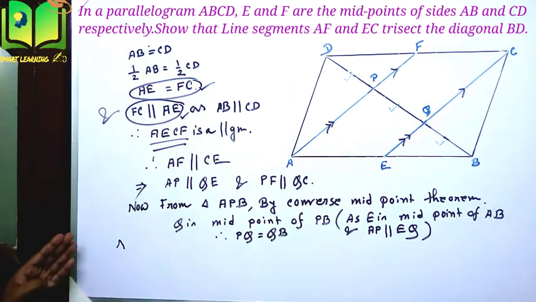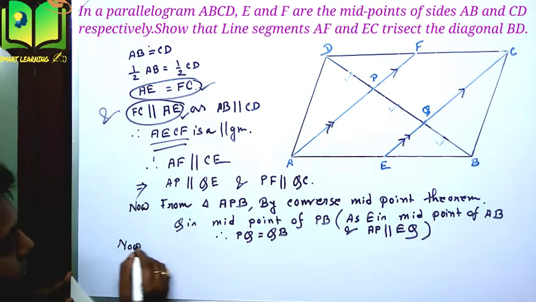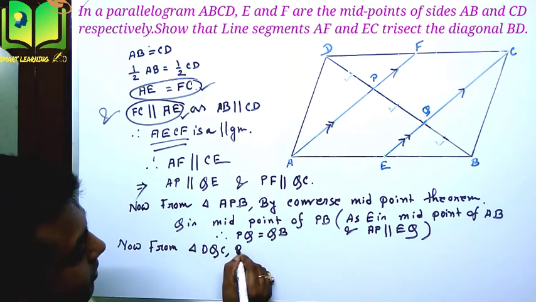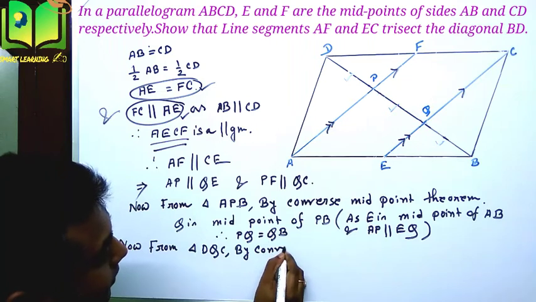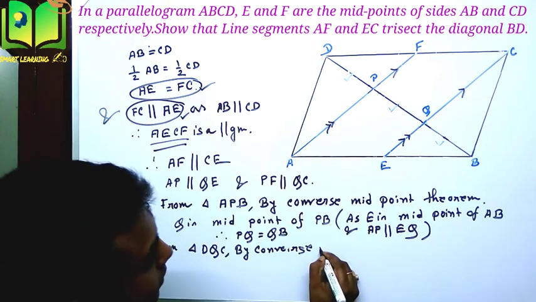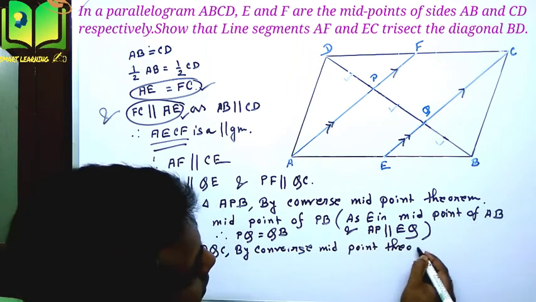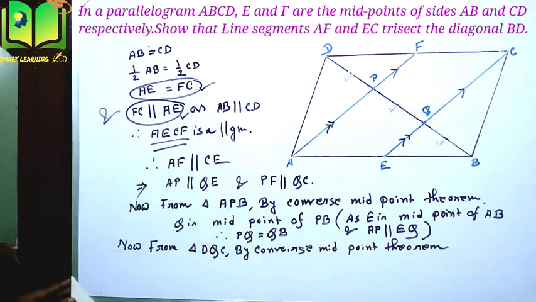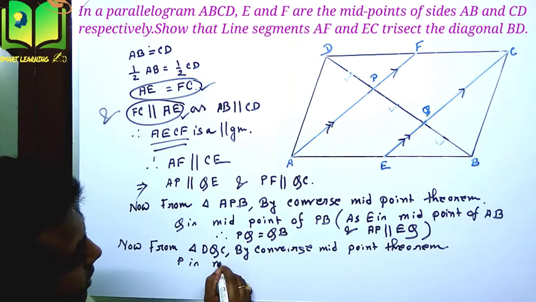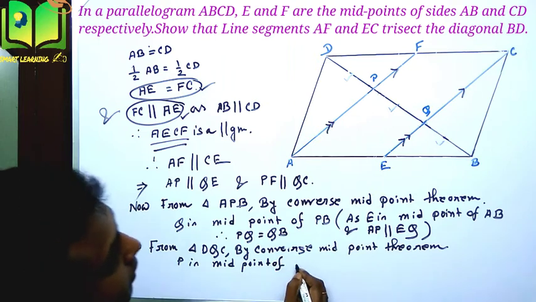Now similarly, from triangle DQC, by the converse midpoint theorem, what can we say? P is the midpoint of DQ.